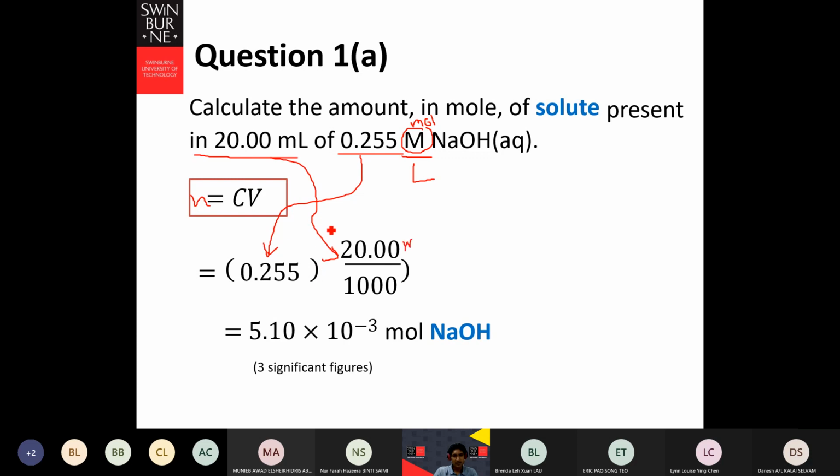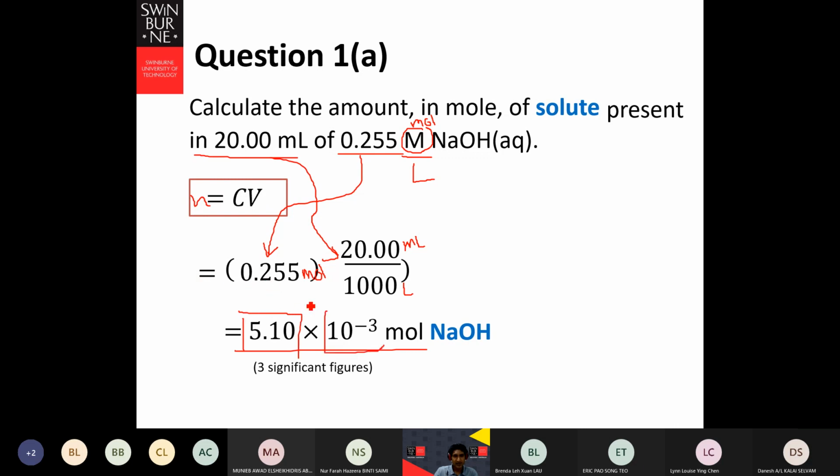Then N equals C into V gives the number of moles, and it is 3 significant figures.